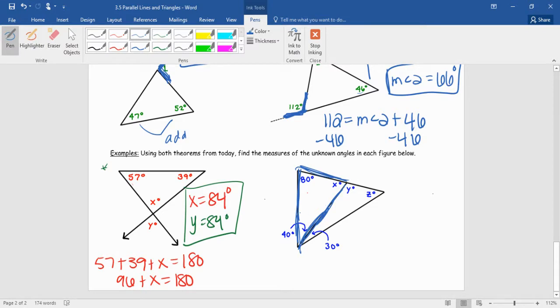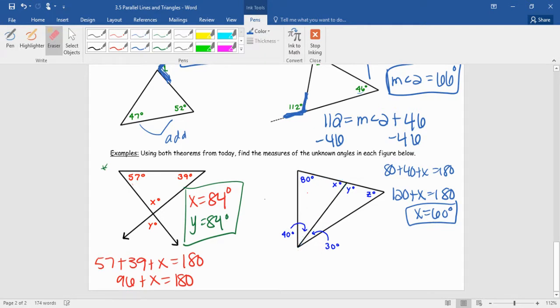So I'm going to start here, and just like we did before, these guys have to add up to 180. So the 80 plus the 40 plus the x has to equal 180. So then let's see, 80 plus 40 is 120. So 120 plus x equals 180. Subtract that 120 over. So you would have x equals 60 degrees. So x equals 60.